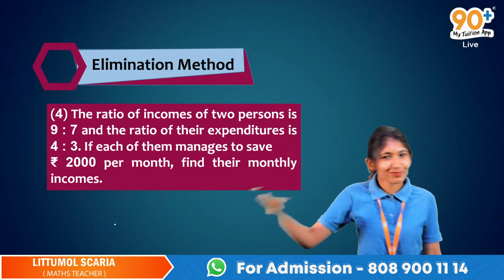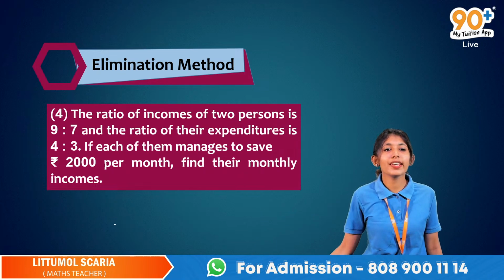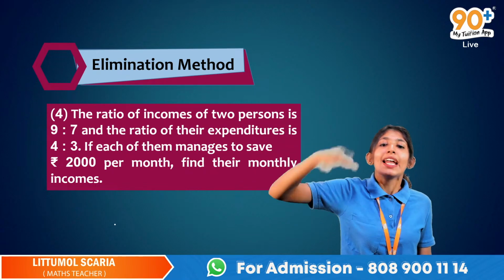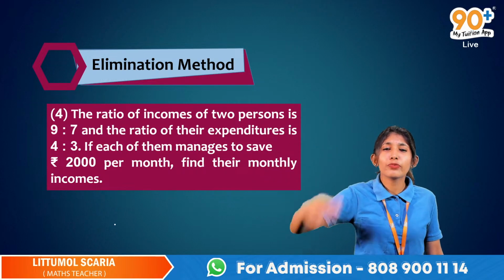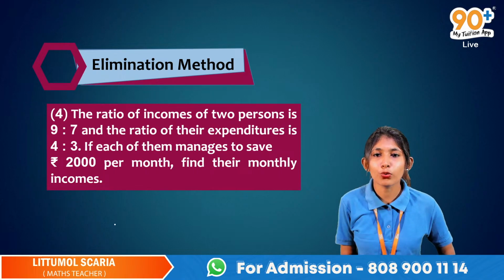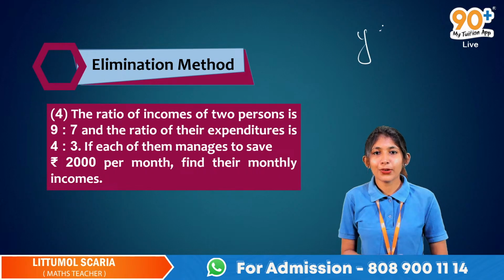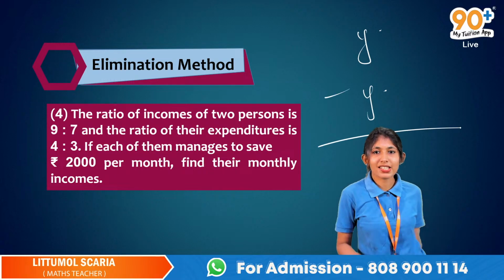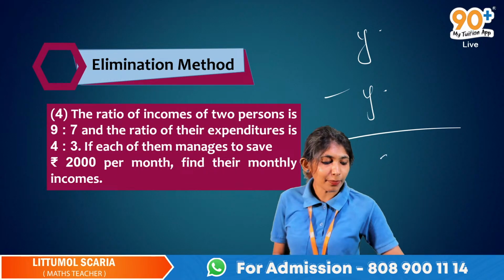Elimination എന്താ? നീക്കിക്കളയുക, റിമൂവ് ചെയ്യുക. So substitutionൽ നമ്മൾ ഒരാൾക്ക് പകരം വേറൊരാളെ വെച്ചെങ്കിൽ in elimination what we do is we remove a variable. എങ്ങനെ റിമൂവ് ചെയ്യാം? How can we remove? First equation you have a y, second equation you have a y. First minus second, y minus y, 0, y പോയോ?